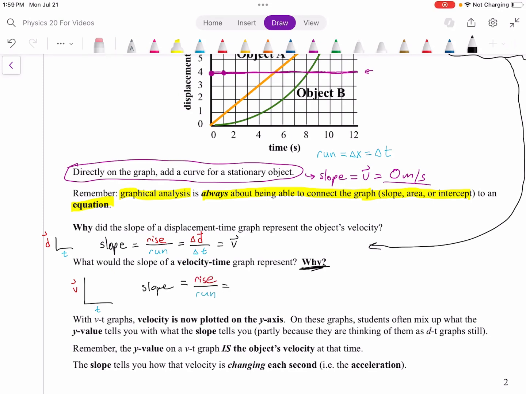Well, slope is always just rise over run, right? Rise is how much our y variable changes by between 2 points. Well, our y variable here is velocity. So the slope of this graph would be a change in velocity divided by run. Run is how much the x variable changed, so that's a change in time. Change in velocity divided by change in time.